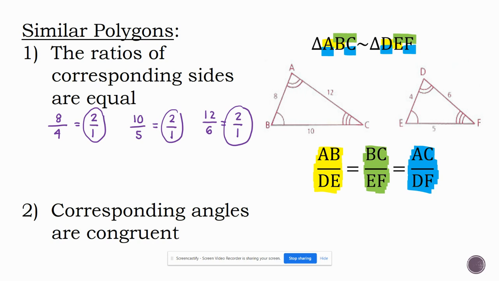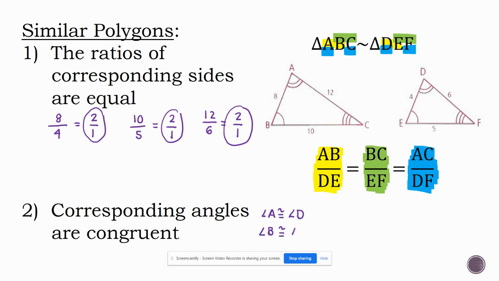If I need corresponding angles to be congruent, well, looking once again at the picture, A and D, those are marked the same. A and D, they're in the same spot of the triangles. They are corresponding angles, and the diagram is telling us that they are congruent. B and E, same thing. They're marked the same. They're lying in the same spot.